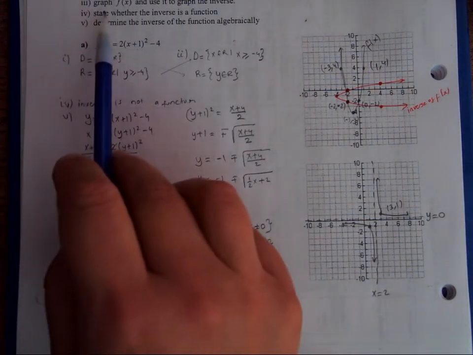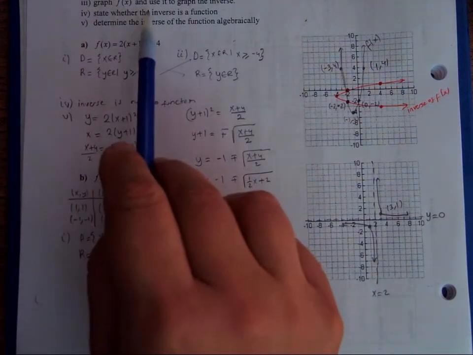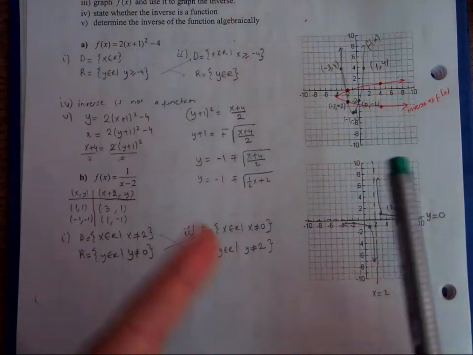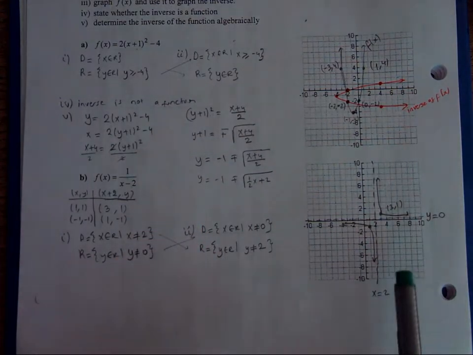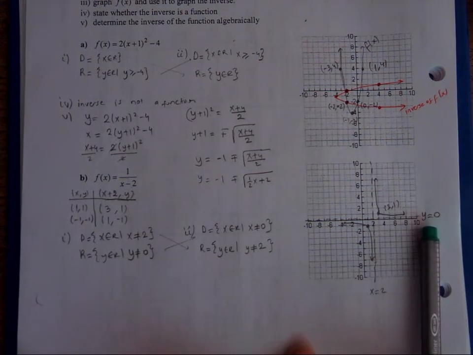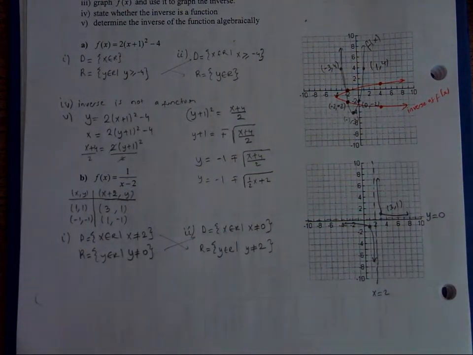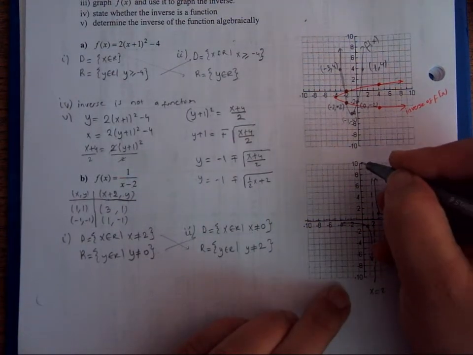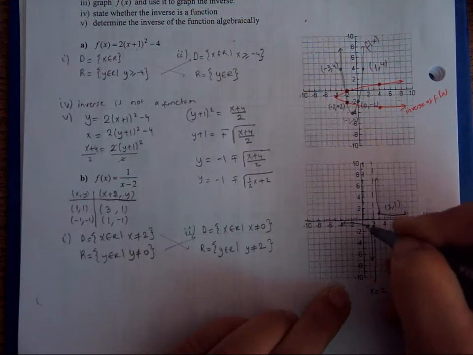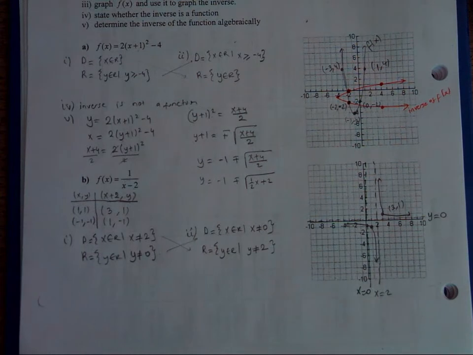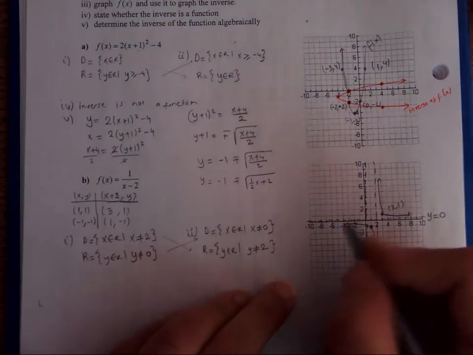So part 3, graph f of x, we already did. And use it to graph the inverse. Okay, so like we are going to do like the previous one, but now we have asymptotes here. What are we going to do with the asymptotes? So yeah, exactly. So y equals 0 becomes x equals 0. x equals 2 becomes y equals 2.